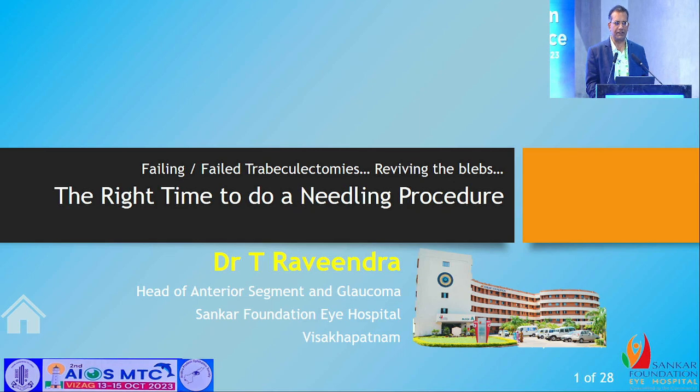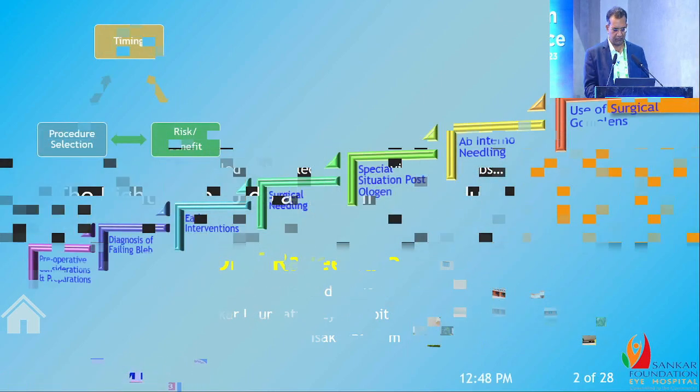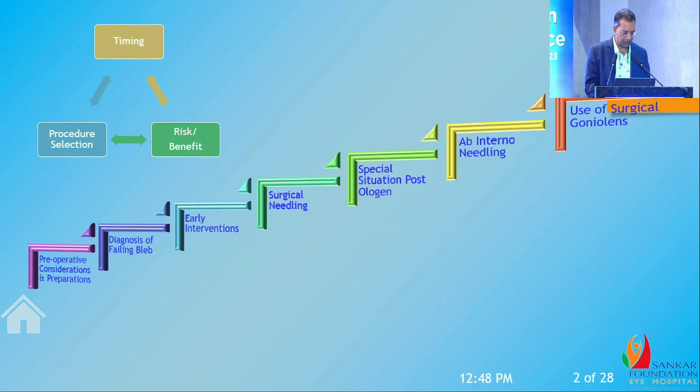Believe me, I started doing needling around 2014, and from then onwards the need for repeat trabeculectomy has really come down. So the timing, the procedure selection, and the risk-benefit are all most important.